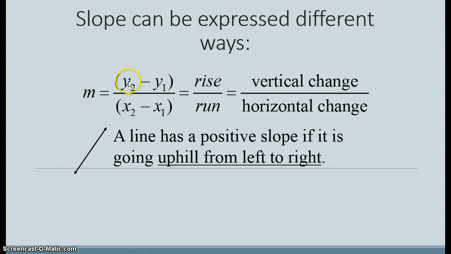That's why we find this data. The vertical change is wherever I plot my point 2 minus wherever I plot my point 1, and we use it the same way in the horizontal change, which is x2 minus x1.